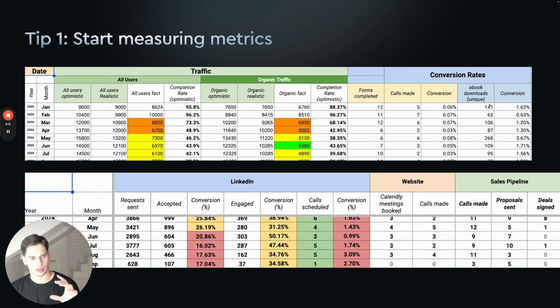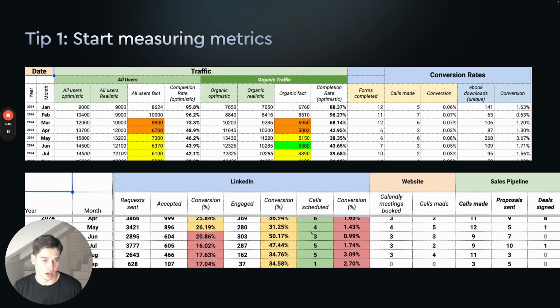Also, we are measuring ebooks, how many ebooks have been downloaded, and the conversion from all users to ebook download. So I suggest you estimate conversions really precisely and keep an eye on your numbers from the website.